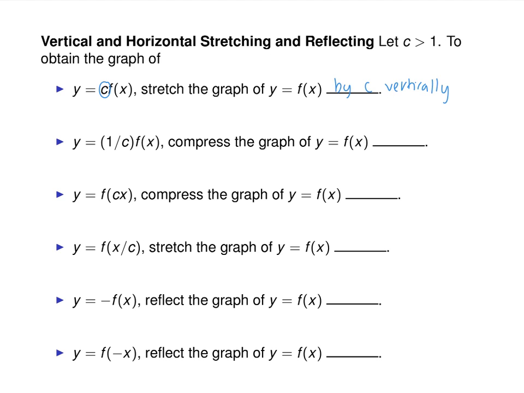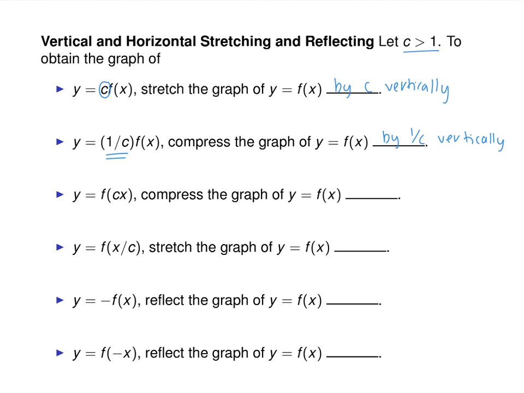Sometimes vertical stretches also equal horizontal compression, so I know that's a little bit tricky, but not always. If you multiply by a number that's 1 over C, where C is bigger than 1, like by a half or something, that's going to make the graph shrink vertically.